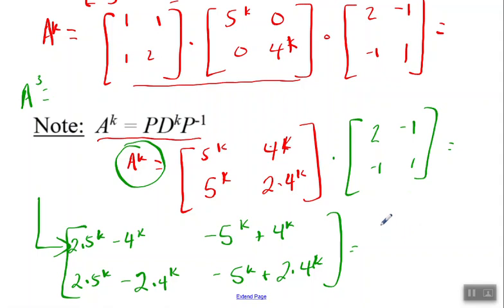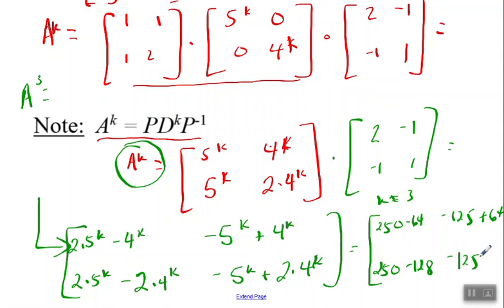Or I should know that it should be the same thing as if k is 3, then my calculator should give me whatever 2 times 125 is, I'll call that 250, minus 64. And then we have negative 125 plus 64. 2 times 5 to the k is still going to be 250 minus 2 times, what's that, 128?